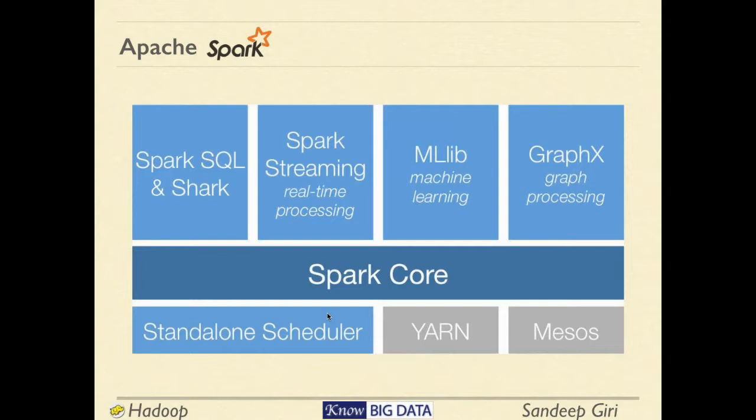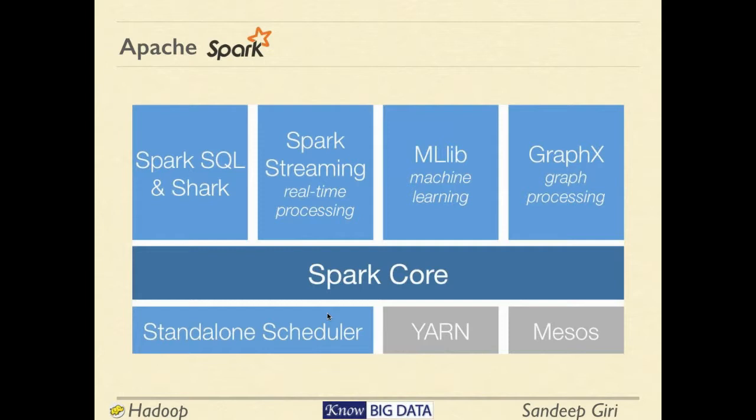Spark core is dependent on either Mesos or Yarn, which do the distributed computing execution of Spark, while the standalone scheduler can also be used to run Spark. So you can use any of the three to run Spark. Right now the one we have is the Cloud Lab based Yarn, Hadoop 2.0, and on top of that we are running our Spark.